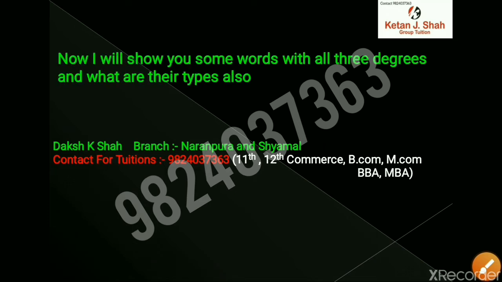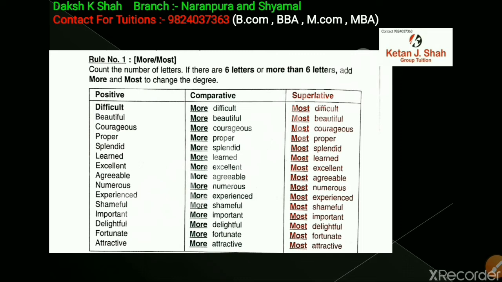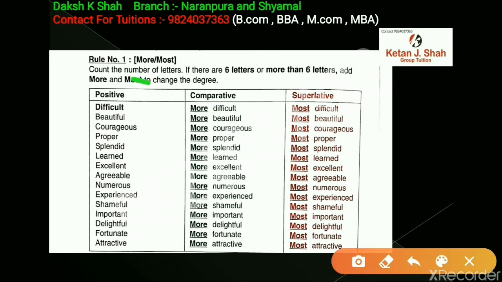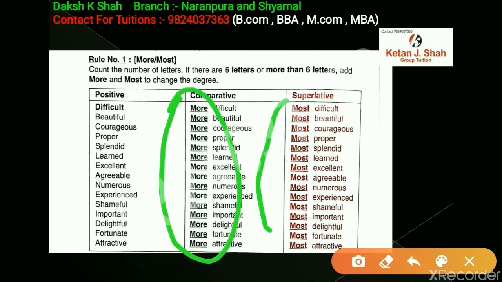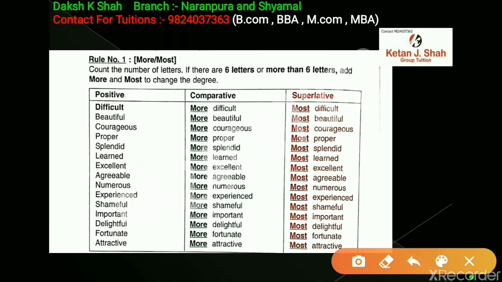Now I will show you some words with all the three degrees and all their types also. First is rule number 1, the more most rule. So in the more most rule, there are more than six words for which you will have to use more and most while converting into comparative and superlative degree.